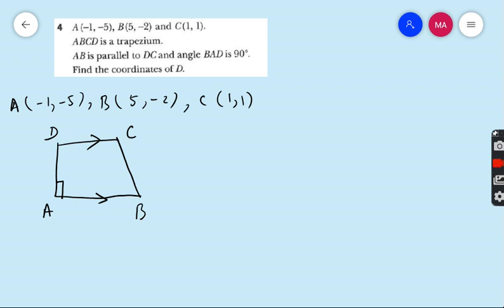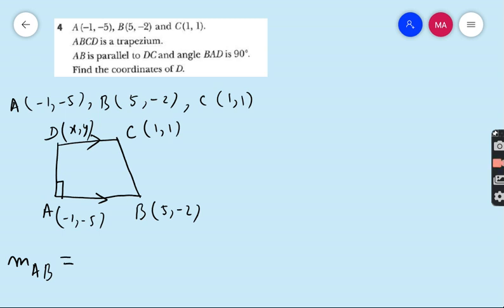Very easy. First we have to find the gradient of AB. This is A (-1, -5). This is B (5, -2). This is C (1, 1). And D can be assigned (x, y).